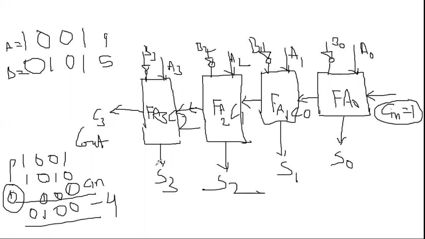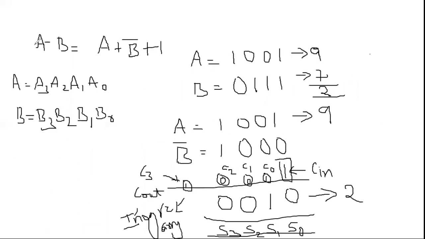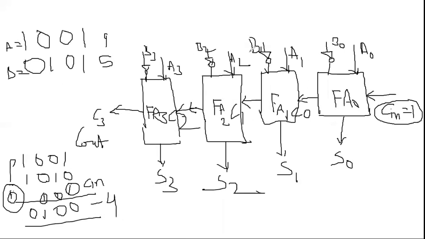Following my dear students, I hope you've understood everything. A minus B is always A plus B bar plus 1 only. The first full adder is taking A naught, B naught bar and 1. The second full adder is taking A1, B1 bar and C naught.